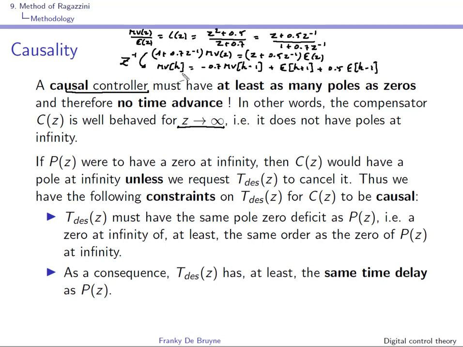So you can see here that this controller is not causal because the output of the controller at sampling instant k depends on the error in the future at sample instant k plus 1.